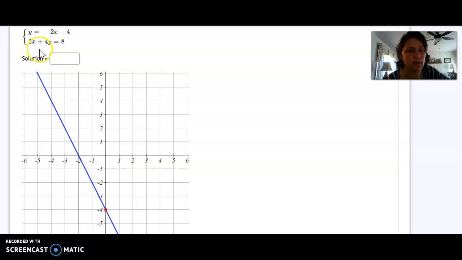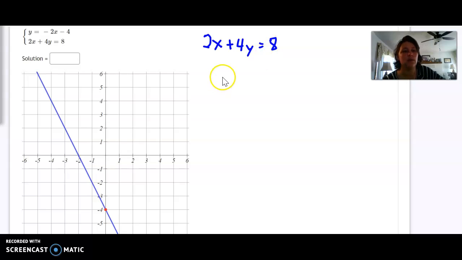Okay, our next one. Let me see. I think I can pull up my writing program real quick. Here we go. Okay, so now I have 2x plus 4y equals 8. Now what we want to do with this one is we want to find our x and y intercept again.